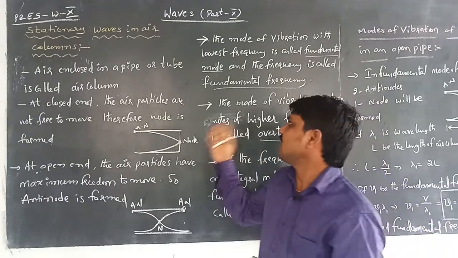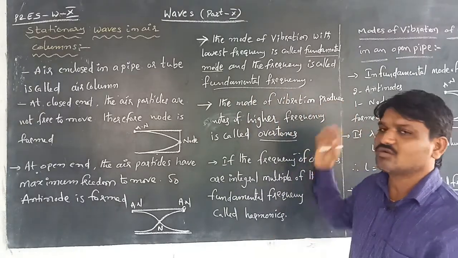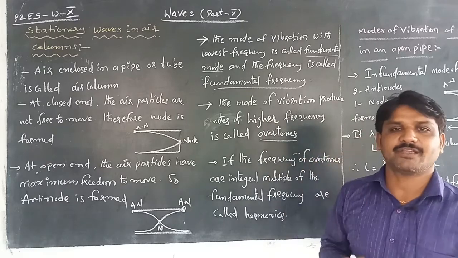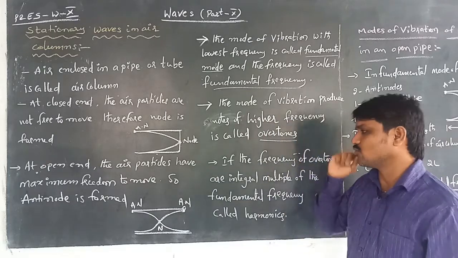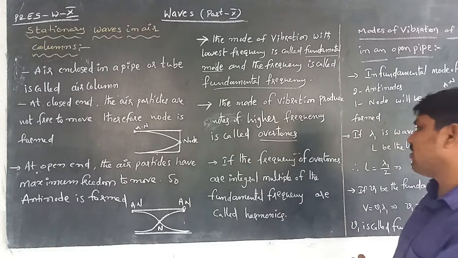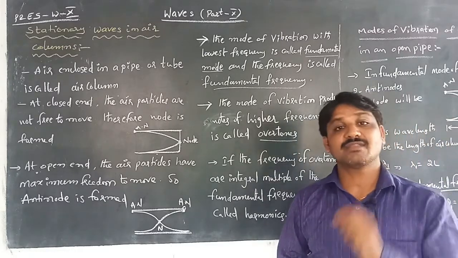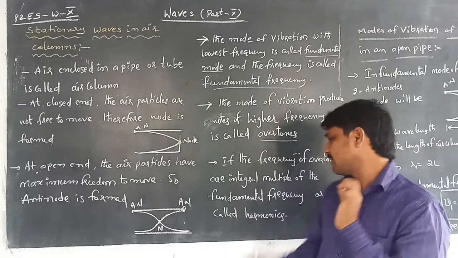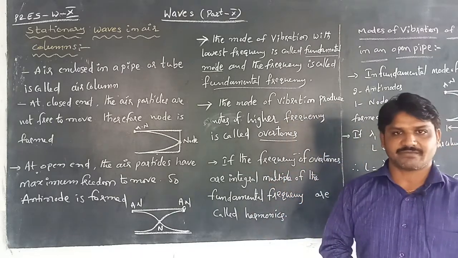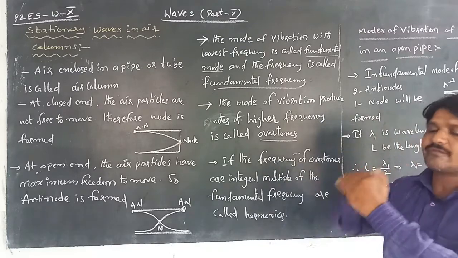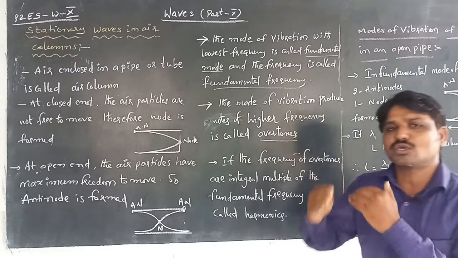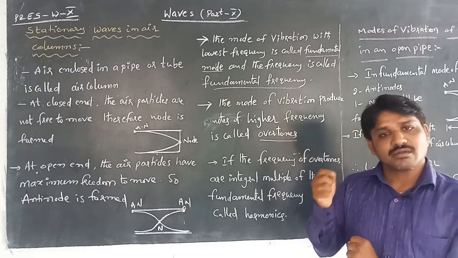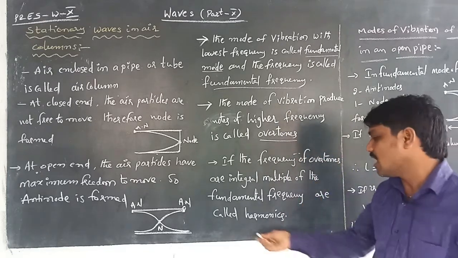So whenever a mode of vibration produces notes of higher frequency, those are called overtones. If the frequencies of the overtones are integral multiples of the fundamental frequency, they are called harmonics.